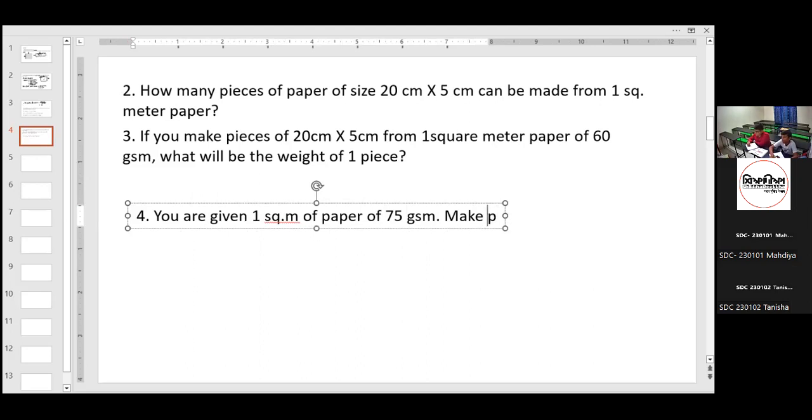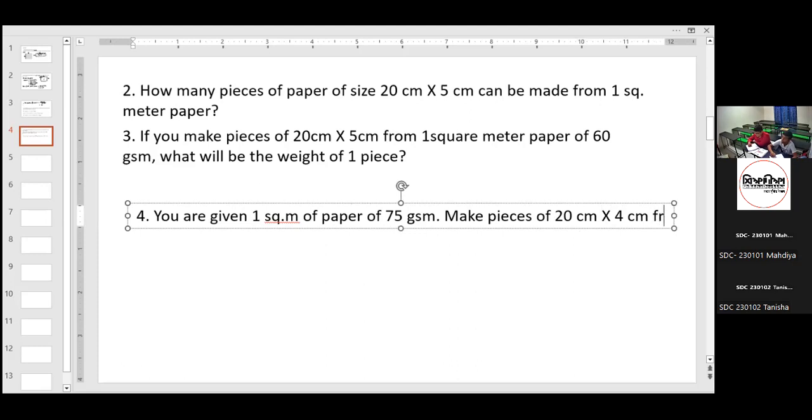Make pieces of 20 centimeter by 4 centimeter from the paper.